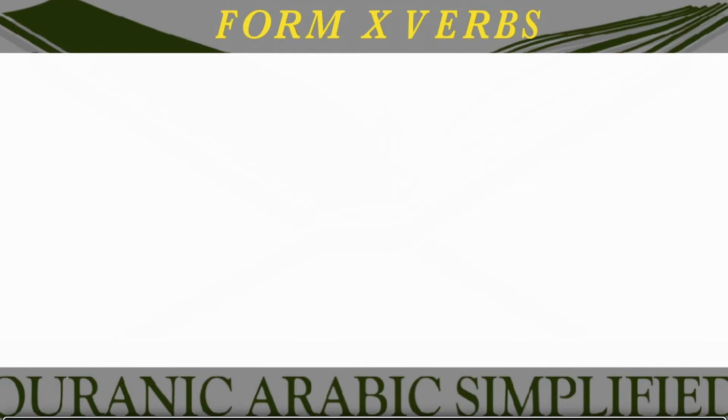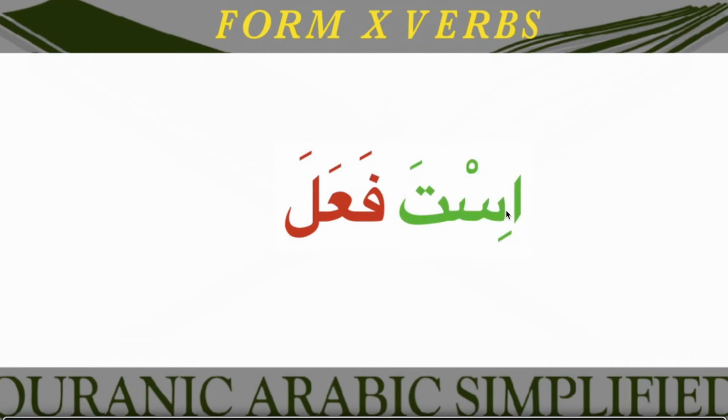If we go to the base form, which is fa'ala, you need to add something more to make it form mazid fihi. So in form 10, we're going to add ista. So why do we add ista? That is what we're going to understand here.